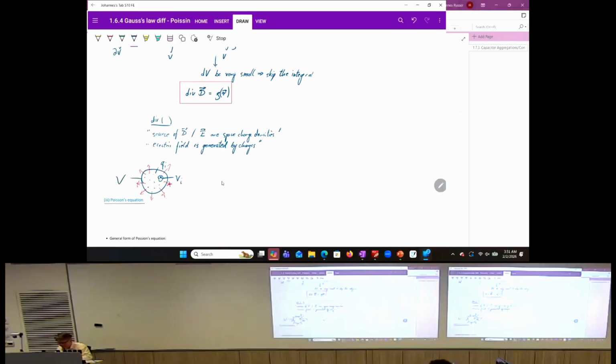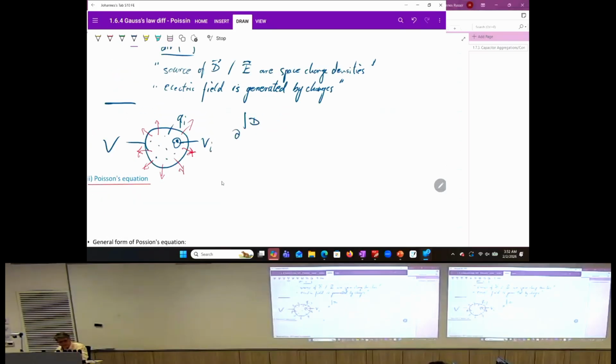Then you have your surface integral over the displacement field. We know we can rewrite that as a volume integral over the divergence, and that gives us the sum of the charges that are within that volume.